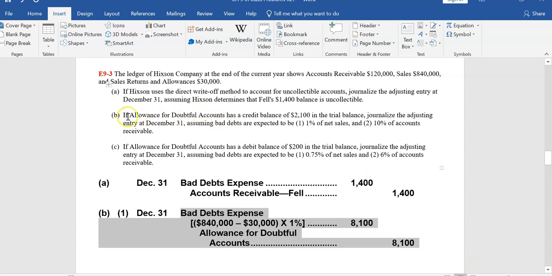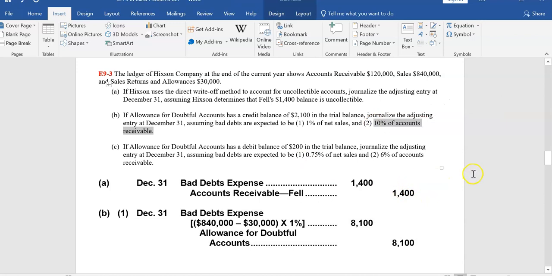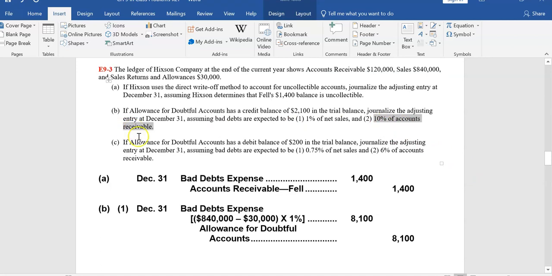If we were to use the allowance for doubtful accounts and use 10% of accounts receivable as our estimate of bad debts, this is using the percentage of accounts receivable method.